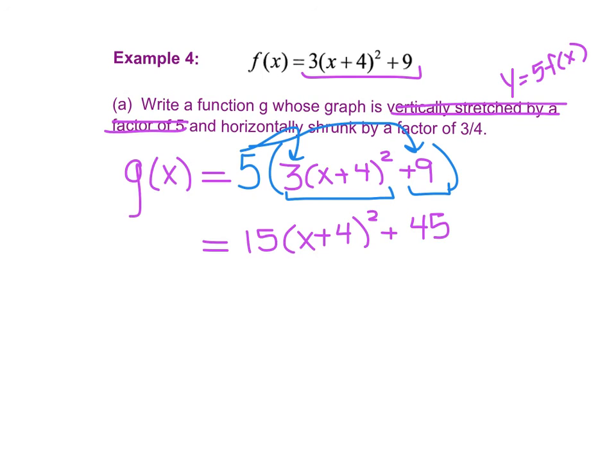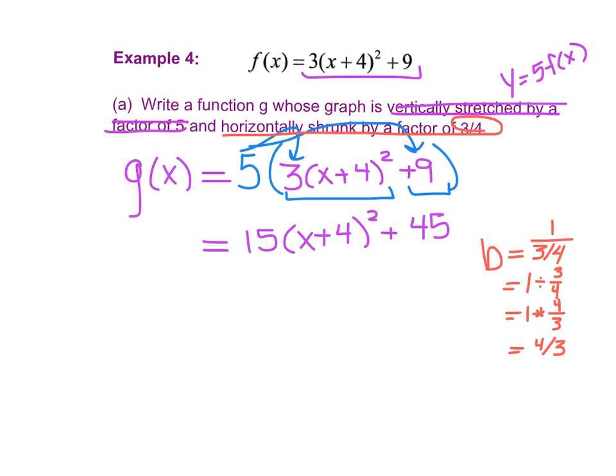Then the next part here is a horizontal shrink by a factor of 3/4. Now remember, that requires us to calculate our b value, and our b value is equal to 1 over that shrink value, or that shrink factor, which is 3/4. So we turn this into 1 divided by 3/4, multiplied by the reciprocal of the second fraction, and we end up with a b value of 4/3.